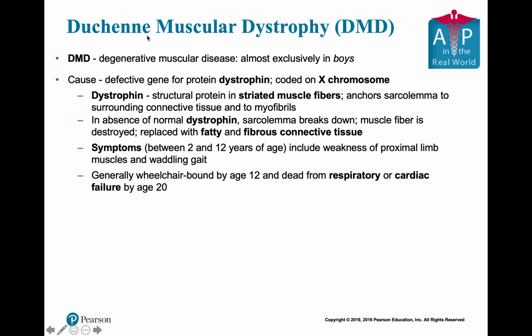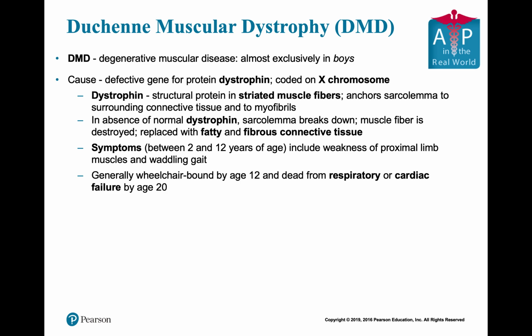If you've ever heard of Duchenne's muscular dystrophy, this is a degenerative muscular disease exclusively in boys that has to do with the fact that the gene for the protein dystrophin is encoded in the X chromosome. Females have 2 X chromosomes. So if they have a defective dystrophin gene on one X chromosome, well, females have another X chromosome that makes good dystrophin.